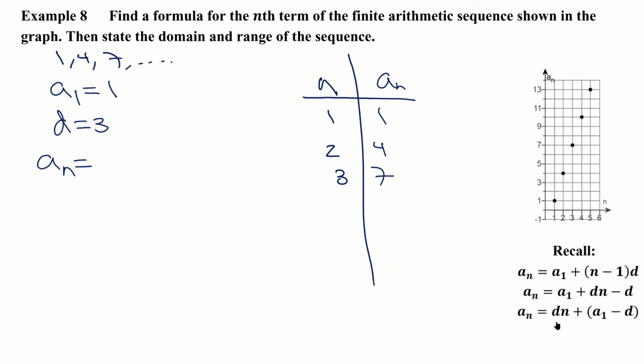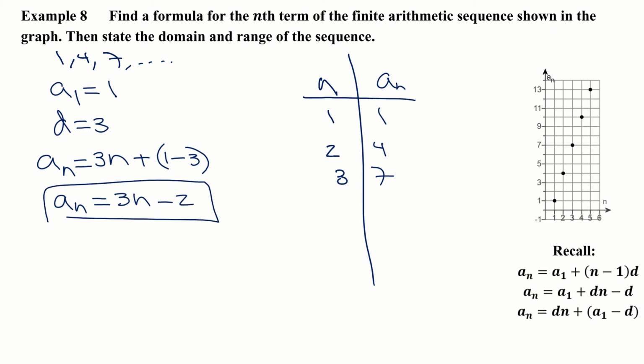So let me, since I'm working with these patterns, let me just use this. So dn, so 3n plus quantity a1, which is 1, minus d, which is 3, just like that. So we have a_n equals 3n minus 2.